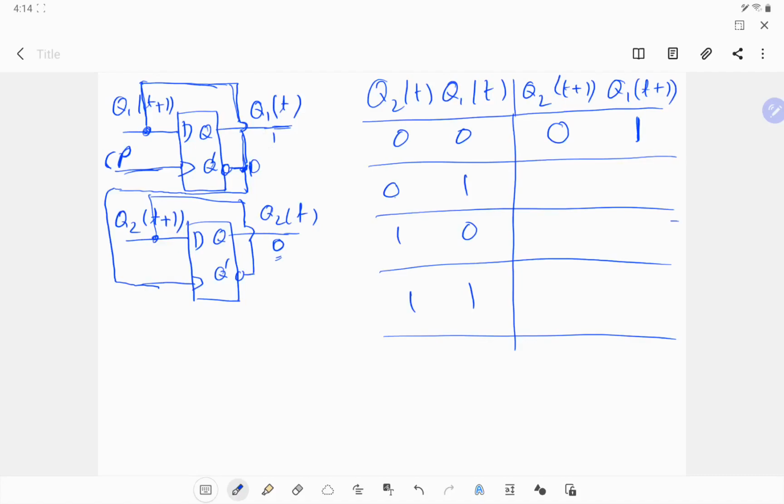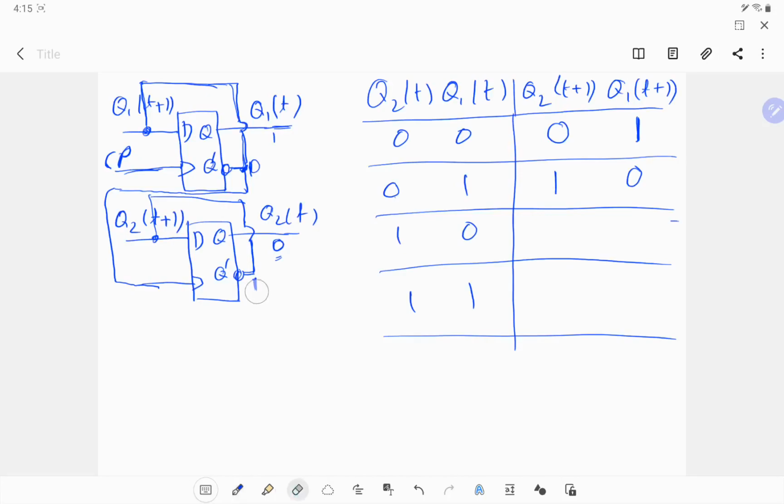When the clock pulse goes from 0 to 1, the first flip-flop is triggered, and the output of the first flip-flop changes to 0, and the clock pulse for the second flip-flop goes from 0 to 1. So the second flip-flop is triggered, and the reverse output of the second flip-flop goes to the input, and we know that the reverse output is 1. So the output of the second flip-flop will be 1.